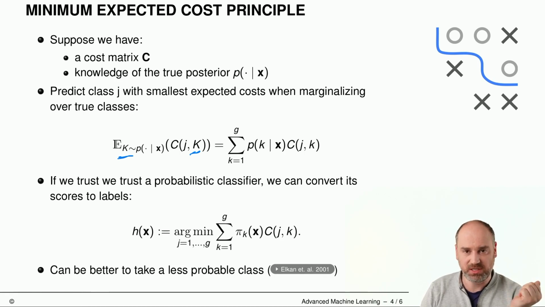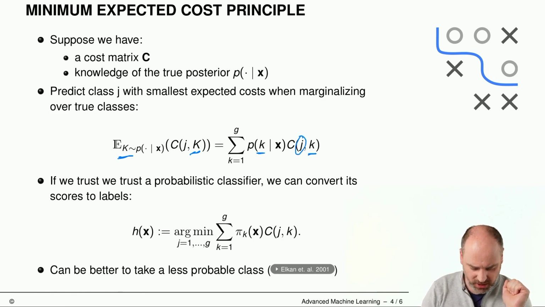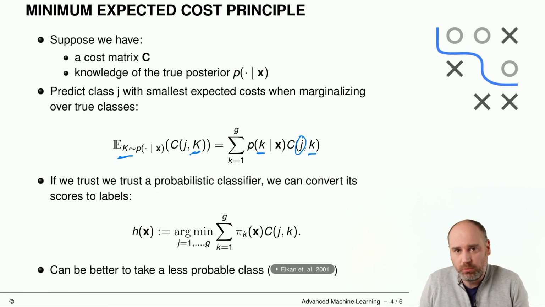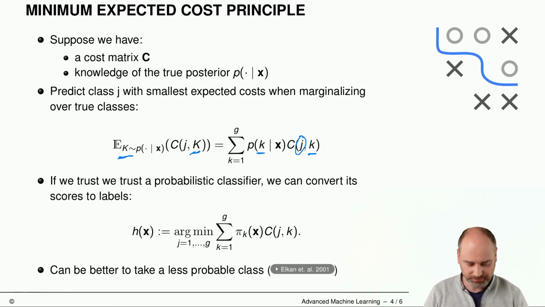Because it's a finite number of classes, in our case G, we compute the probability that we are in class K, and multiply this with the costs of being in class K when we predict class J. So J is an input here, and we do this for every J. For one specific row, our J would be fixed. Now we integrate out over all of these classes, and this gives us the average costs that we incur if we predict class J when we marginalize over the distribution of our true classes.